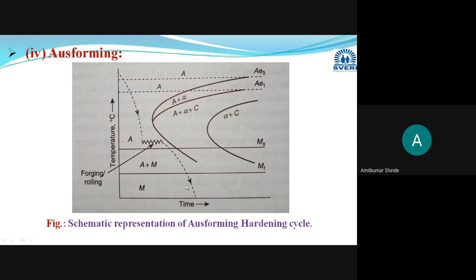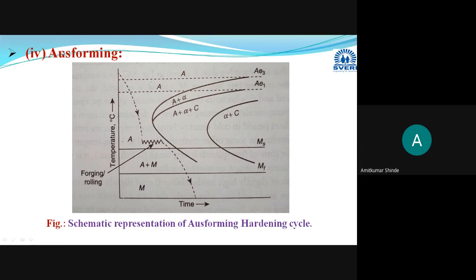Then what will happen here, due to this forging or rolling operation, deformation of the austenite will take place. This AUS stands for austenite, and deformation, that is the forming, will occur. That's why this hardening process will be termed as os forming.